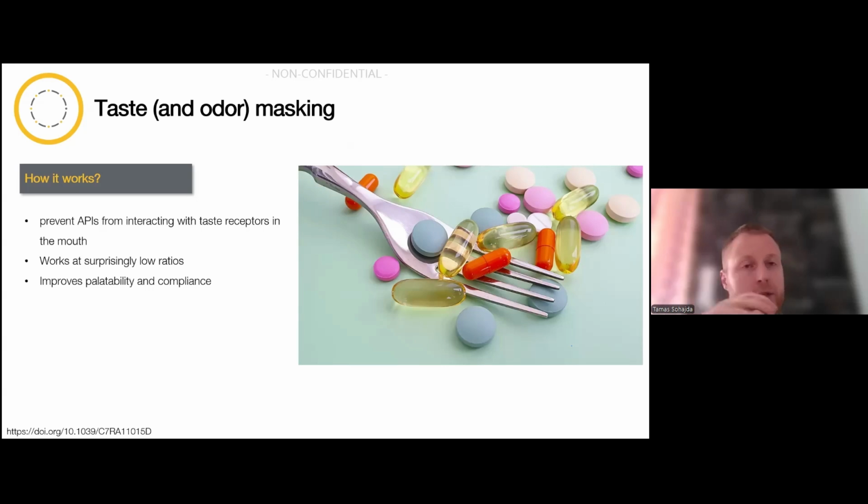If the cyclodextrin is encapsulating the foul tasting ingredient, and that's how the taste masking occurs, or if the cyclodextrin is reacting with the taste buds, kind of desensitizing them, and that's how the taste masking happens, or the combination of both.